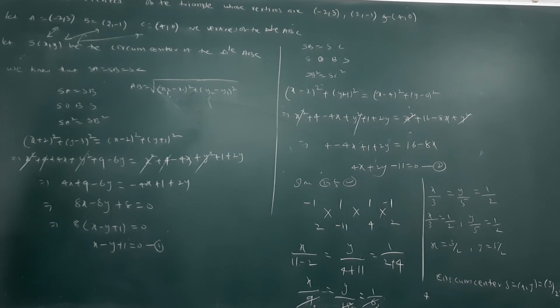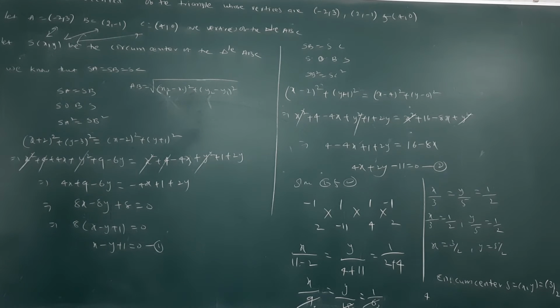What is SA? The distance between circumcenter and vertex A. Suppose A is x1 comma y1 and B is x2 comma y2, the two vertices. The distance between A and B is equal to under root of x2 minus x1 whole square plus y2 minus y1 whole square. Squaring on both sides, SA square is equal to SB square.